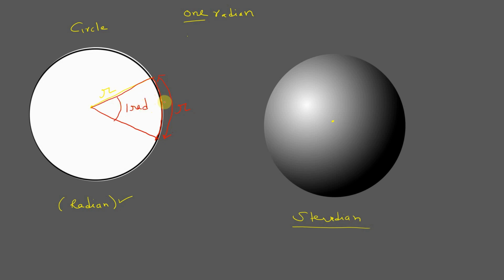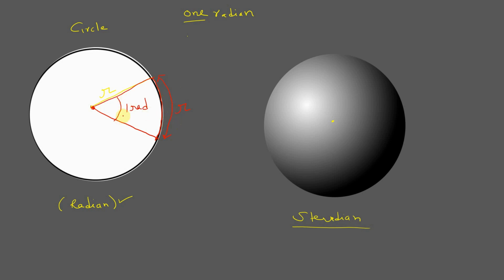So 1 radian is defined as a plane angle with vertex at the center of a circle of radius r, that is subtended by an arc whose length is r.